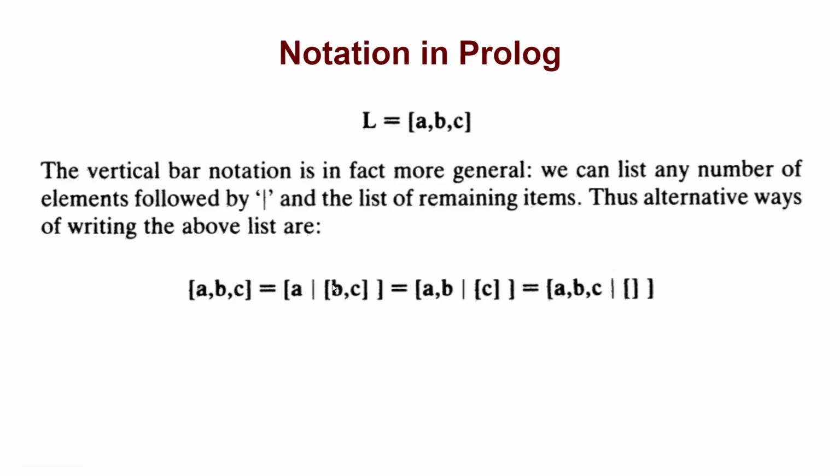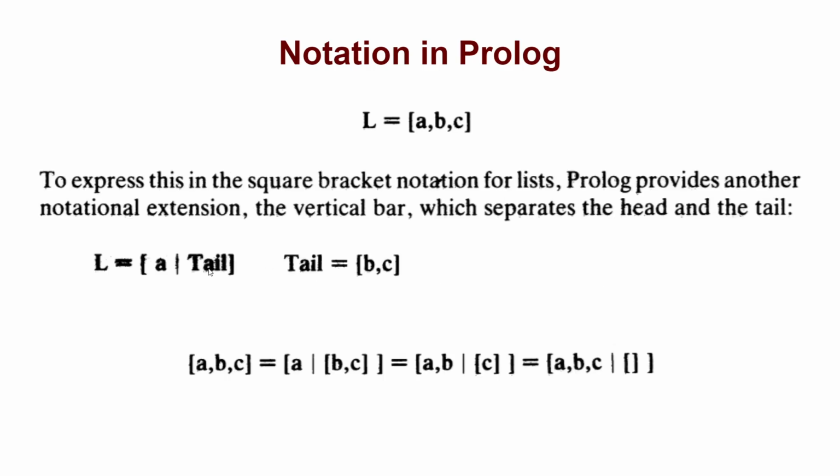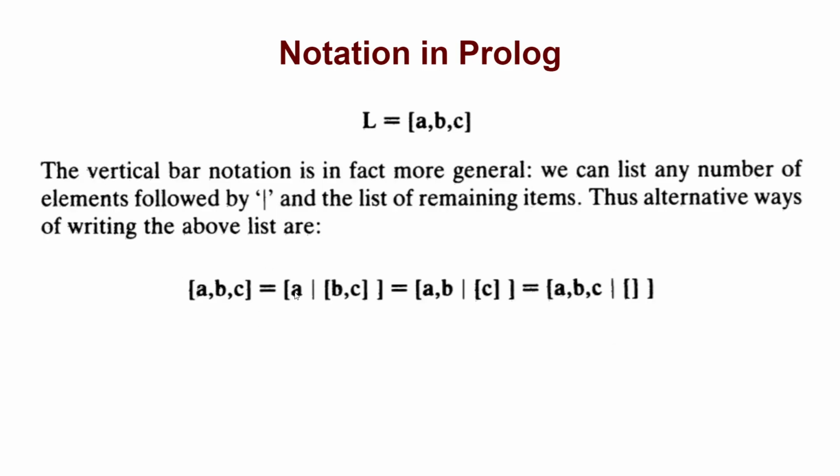Suppose we have the original list, the list A, B, C. We can use it for separating the head and the tail. As you see, A is the head and the tail is the remaining list B, C. But we can also say that the first elements are A, B and the remaining list is C. This is also a possible way to represent this list L.